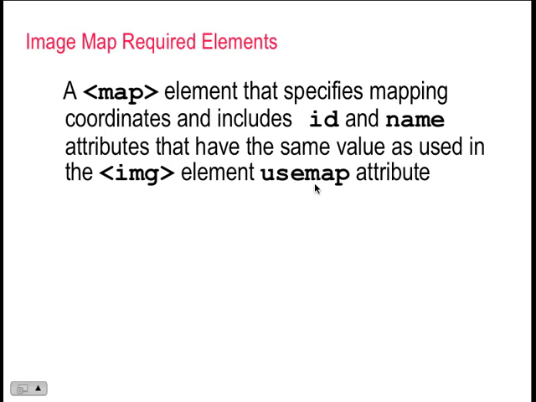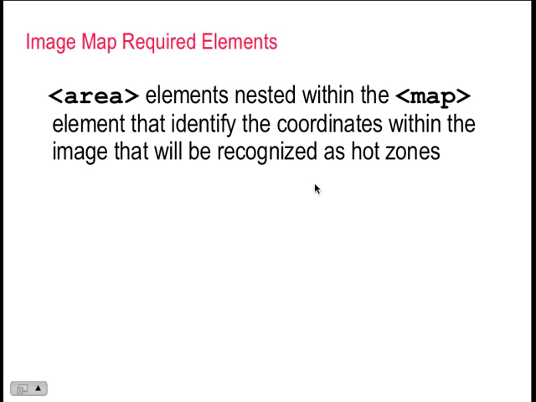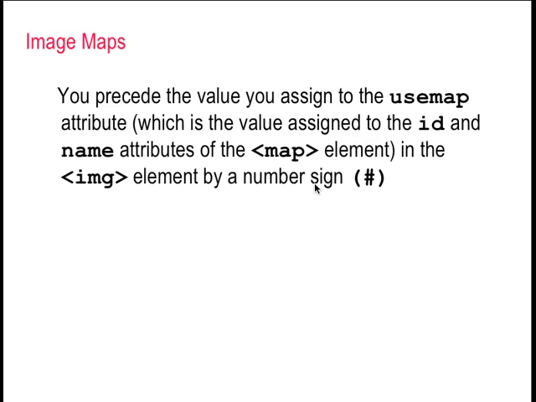So we have area elements nested within the map element that identify the coordinates that create our hot zones or hot spots, if you want to call them that. They're just zones in the image itself.